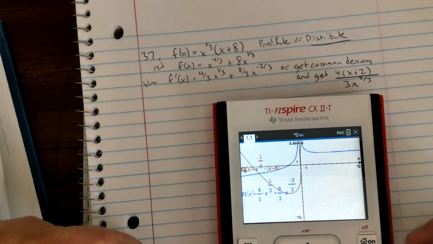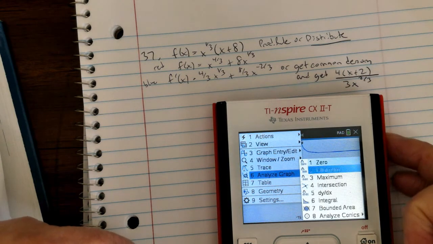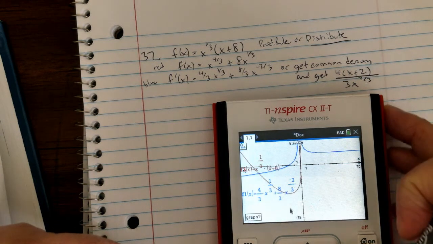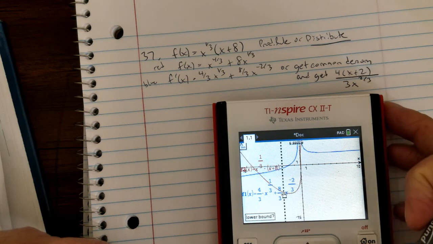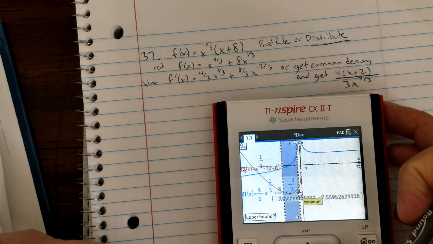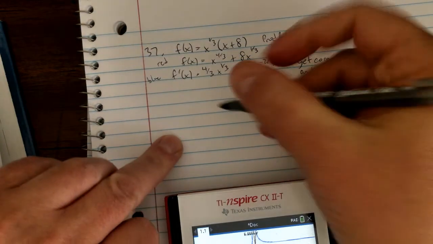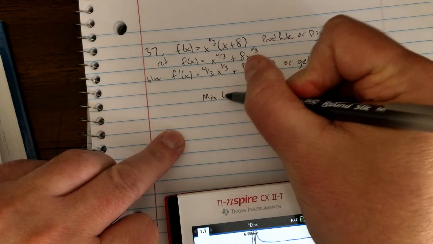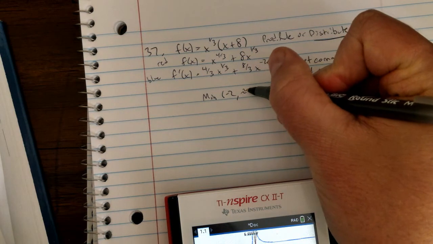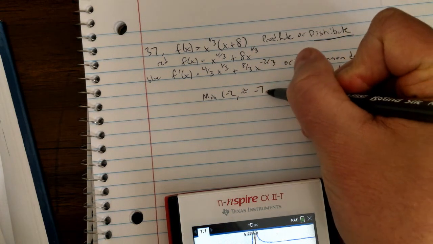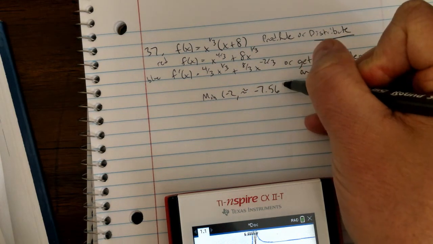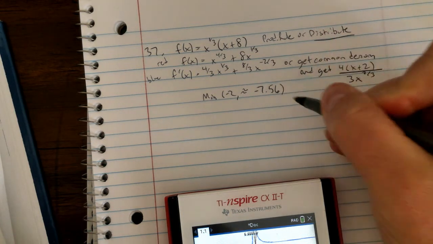So what I want to do is get my minimum on the red graph between here and here. So that's at -2, comma, approximately -7.56 for your y value.